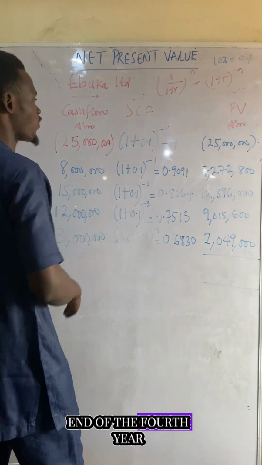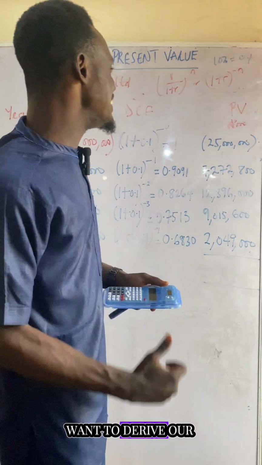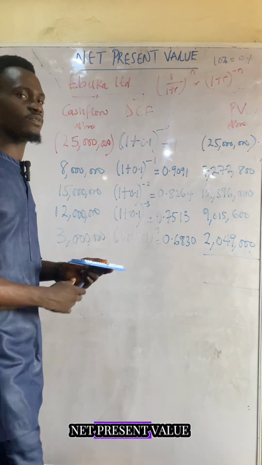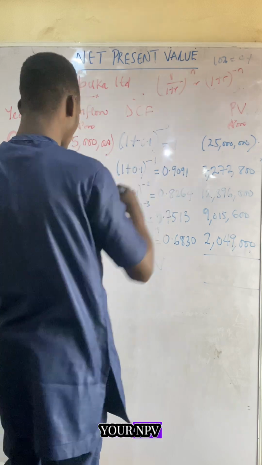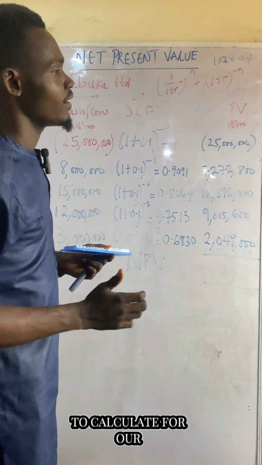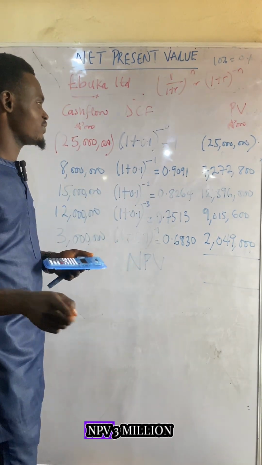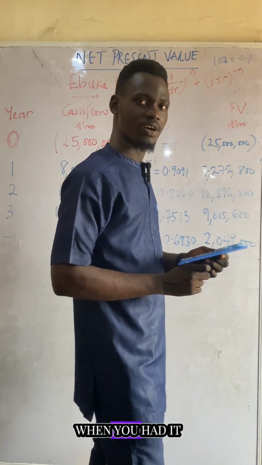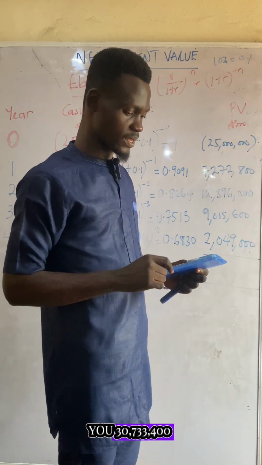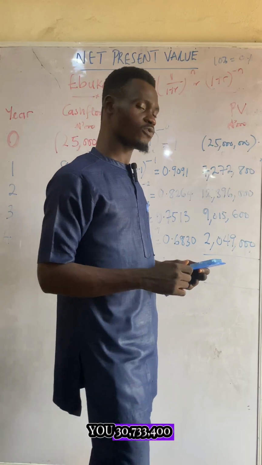Now this is the end of the 4th year, and of course we want to derive our net present value, which is called NPV. So which means whatever you get here is your NPV. So like I said, to calculate for our NPV, when you add it all together, it gives you 30,733,400.